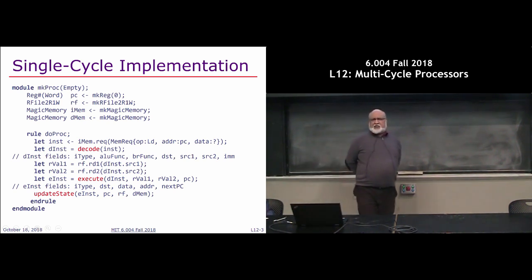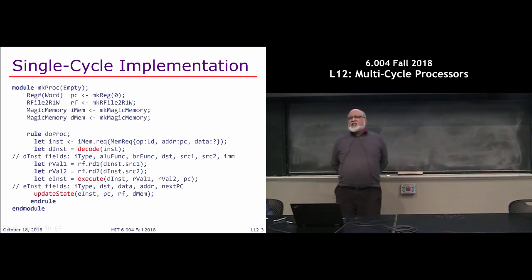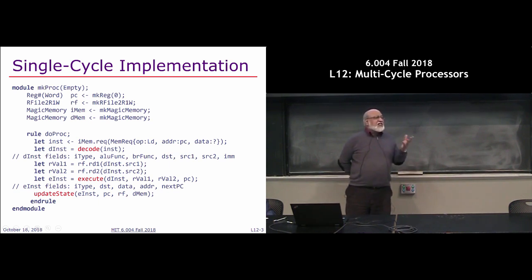So this is a funny procedure, a funny function. You have not seen this kind of thing before last lecture. In this, the executed instruction contains all the values that we need, right? And what are we updating?